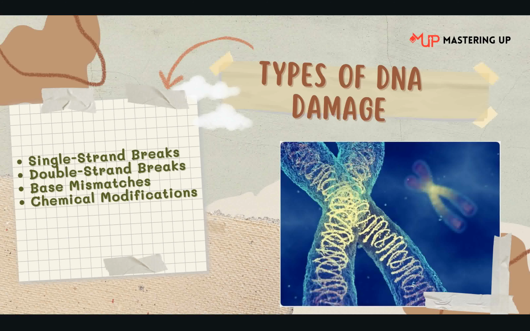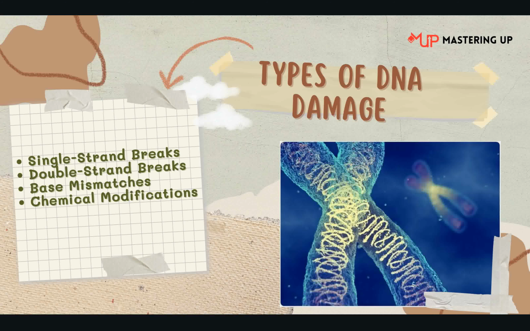And there are types of DNA damage. Let's first understand the types of damage that can occur. Common forms include single strand breaks, double strand breaks, base mismatches, and chemical modifications to the bases.